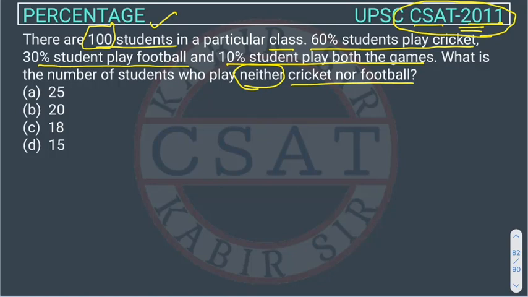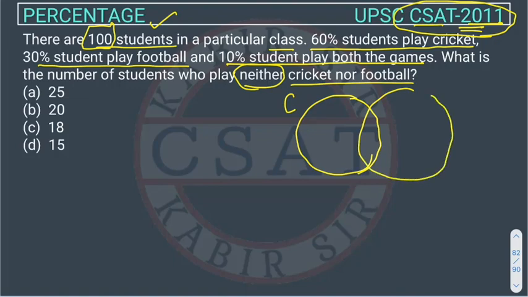So we will solve it through the Venn diagram method. That's the easiest method, right? Suppose this is a circle representing the students who are playing cricket, and this is a circle representing the students who are playing football. And this section will show who are playing both cricket and football.